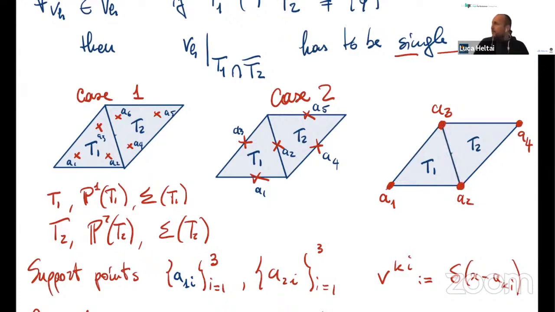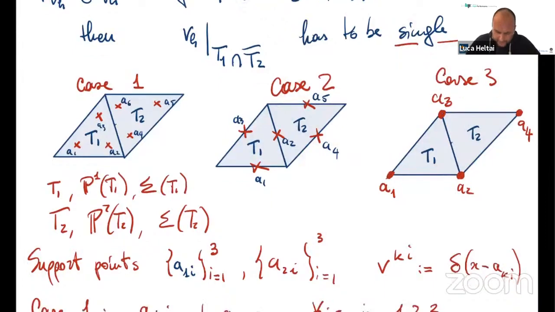So on triangle number 2, you want the value on A2 to A3 to be the same if you're looking for continuity. And if you're looking for continuity, then in case number 3, the only value that you can change on the second triangle is the value on the vertex A4. Does that make sense?